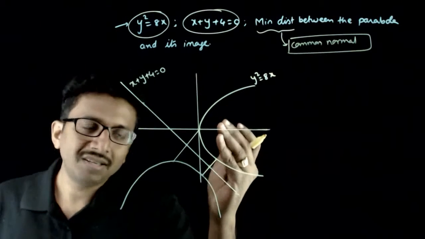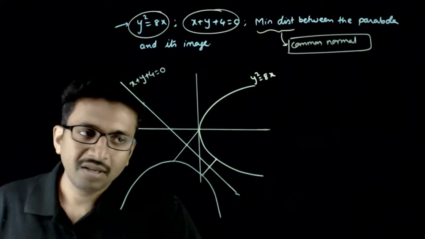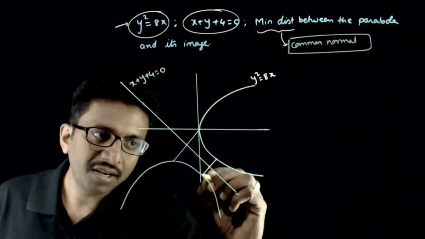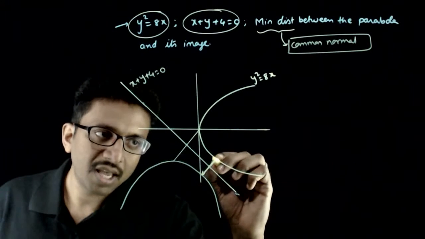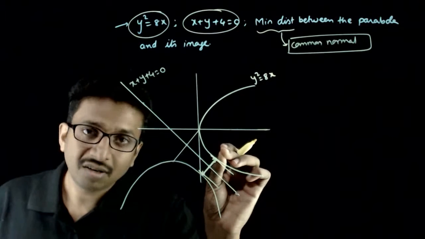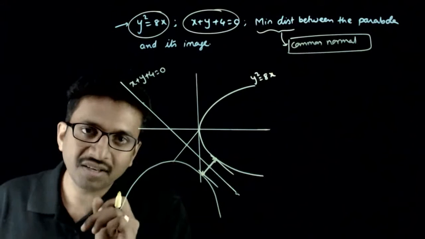Now as you can see, you have a figure, you have a curve and its image. Can you see that the minimum distance occurs in this direction, which is a common normal to both of these? That means the tangent to the first curve should have the same direction as the tangent to the second curve.